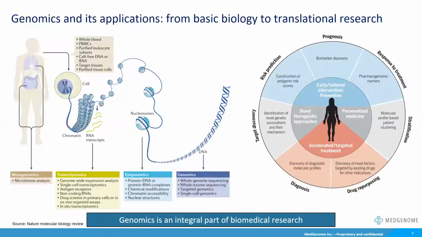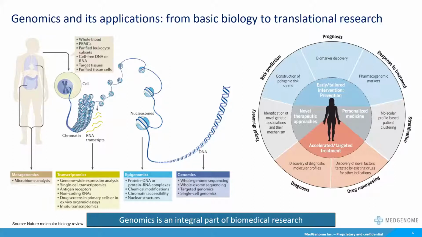Genomics has various applications, and these applications are from basic research to translational research. If you look at genomic data from DNA, you can sequence the entire human genome or the exome, or look at targeted genomics and single-cell genomics. You can look at the epigenome and look at methylation effects or protein DNA or protein RNA complexes, as well as chemical modifications.